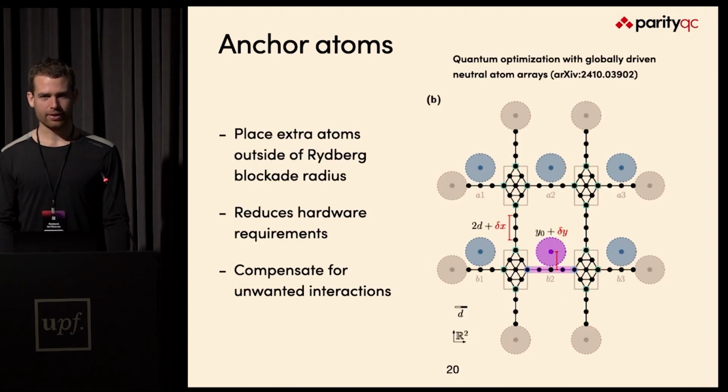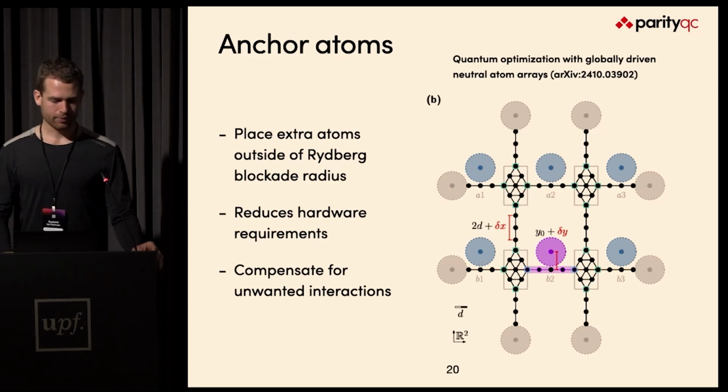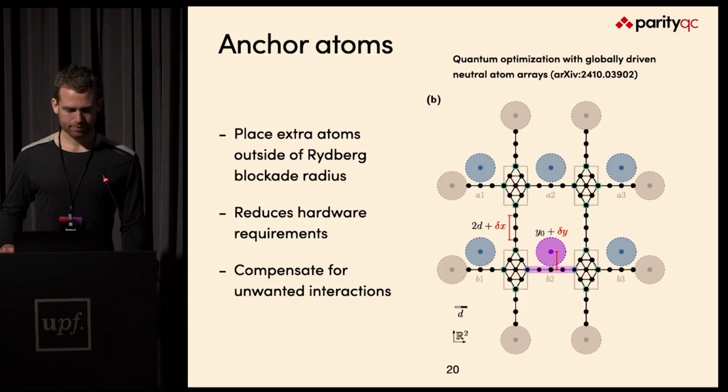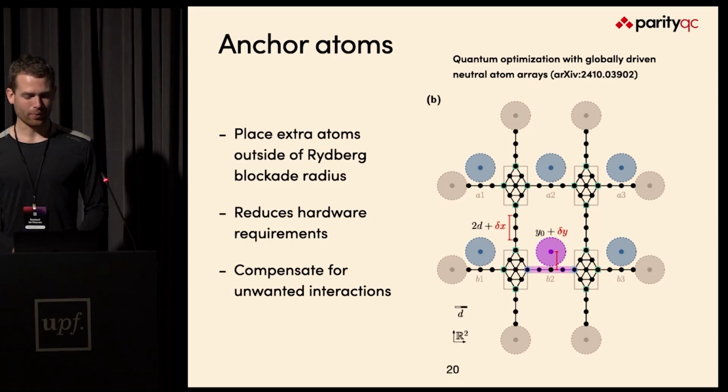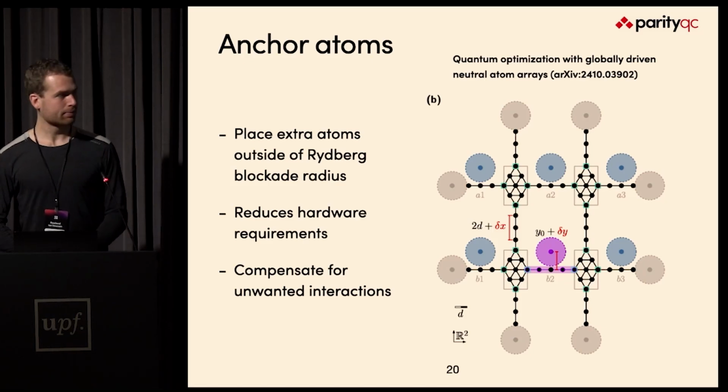Yeah, and then there's one more extension you can make to this framework, which is to use anchor atoms. These are very special atoms, so you always put them outside of the blockade radius of all of the other atoms.